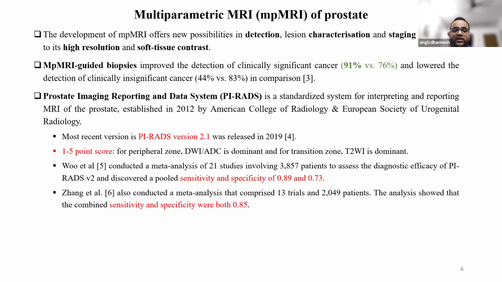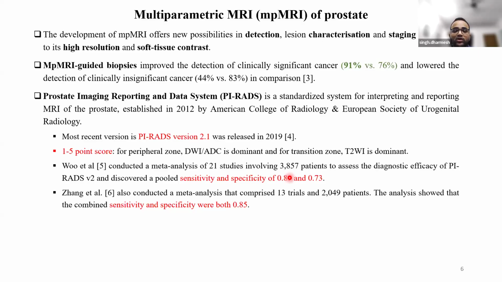If less than 1.5 centimeter, it counts as score 4. These are quantitative parameters. As per PI-RADS 2.1, the dominant sequence for the peripheral zone is diffusion weighted imaging and apparent diffusion coefficient, and for the transition zone, T2 weighted is dominant.